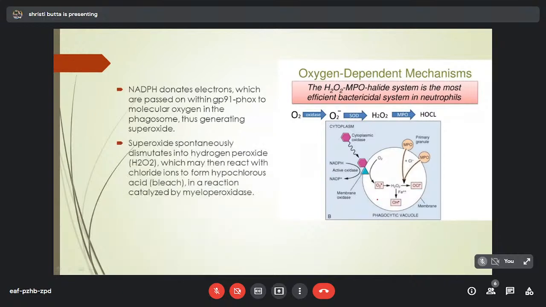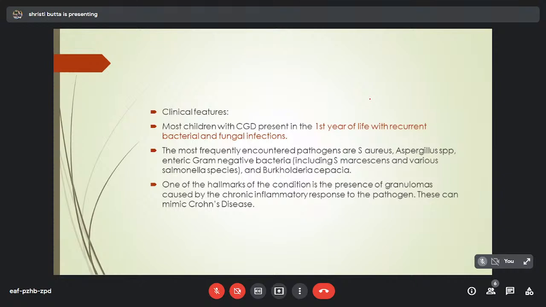This superoxide spontaneously dismutates to form H2O2, or hydrogen peroxide. This hydrogen peroxide subsequently, in the presence of MPO, changes into the halide. And it is this H2O2-MPO-halide system which is the most efficient system of bactericidal activity in neutrophils.